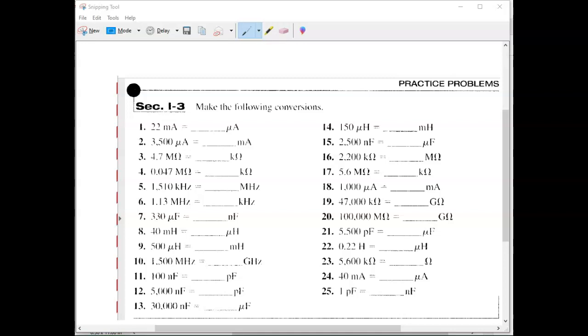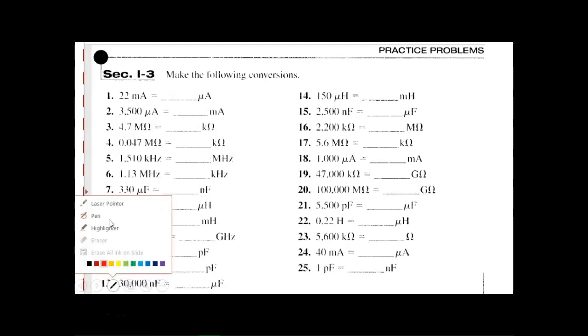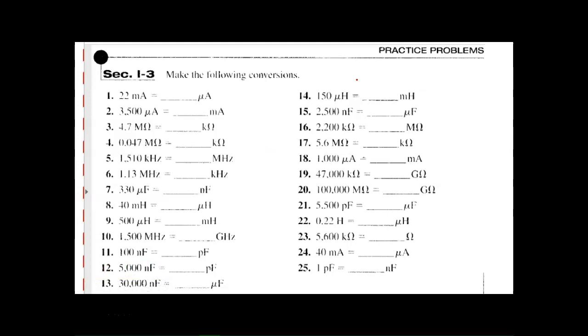This way I can expand it as well. Okay, so looking at this one, guys, the main thing you need to do is be able to move these back and forth between the different notations. So let me go ahead and put those up for you.